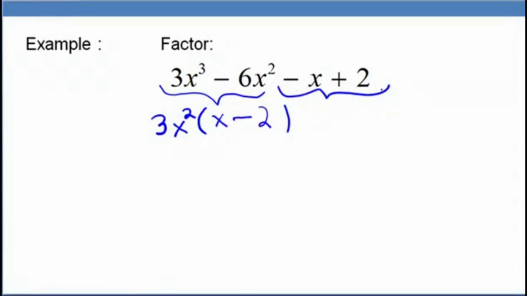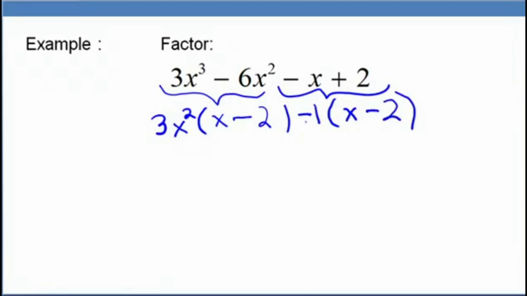For the second group, we don't have anything in common. If you look close, it almost matches our group that we have, our parentheses. The only thing different is the signs. We can make that match by factoring out a -1. So we'll take out a -1, and that will leave us an x minus 2.